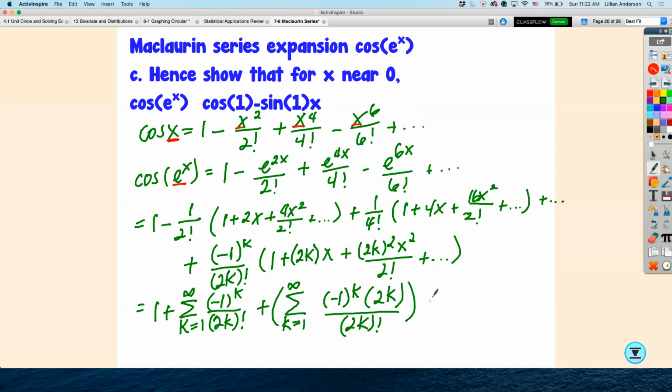All of this is going to be multiplied by x, and it keeps going after that.